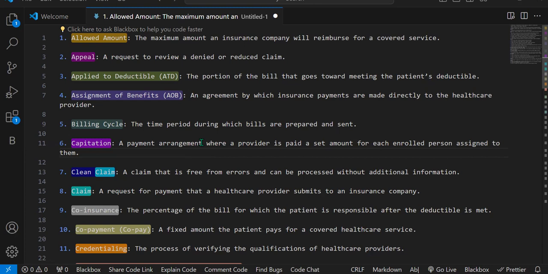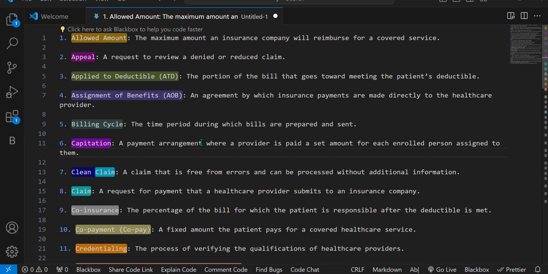It is like appealing. Next, applied to deductible, the portion of the bill that goes towards meeting the patient's deductible. We learned this in the previous class. As I told you, the patient will have a deductible amount.